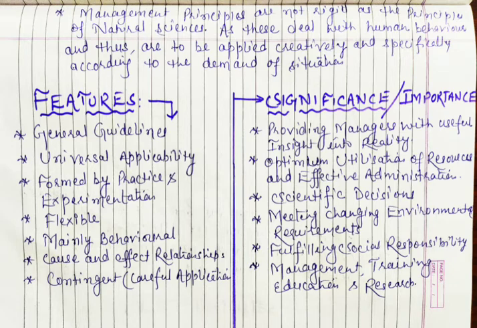For example, in order to remedy the problem of fatigue of workers in the factory, an experiment may be conducted to see the effect of improvement of physical conditions so that their stress can be reduced. In this way, these principles of management are formed by practice and experimentation.